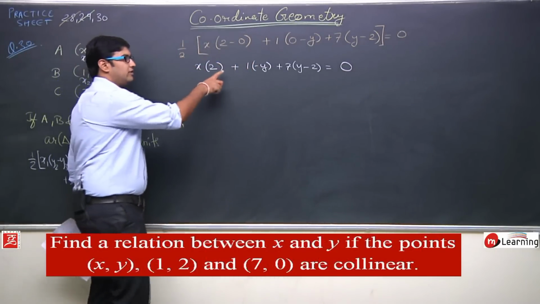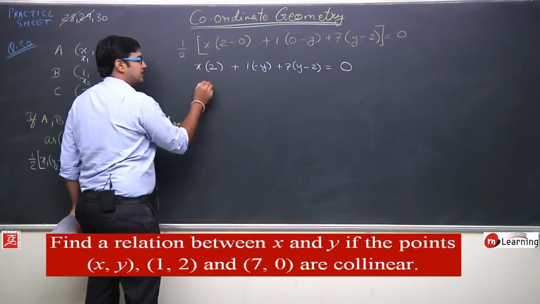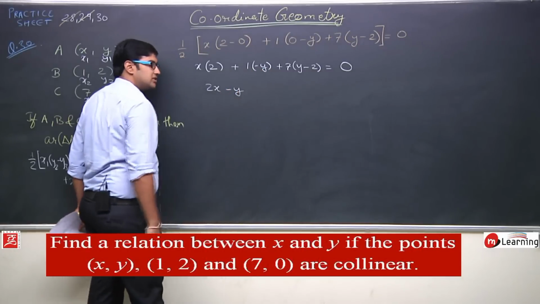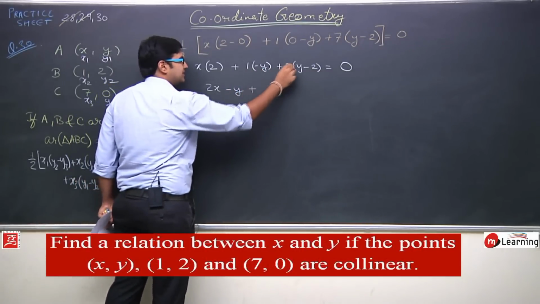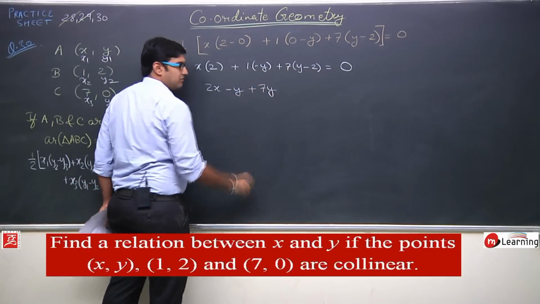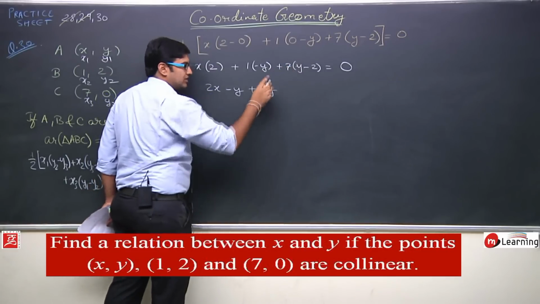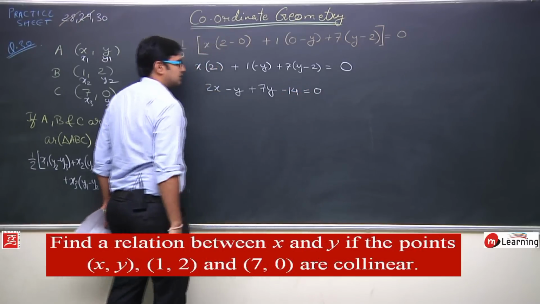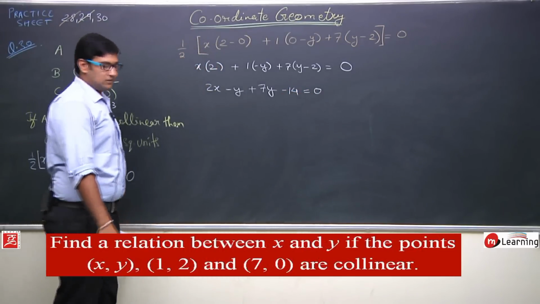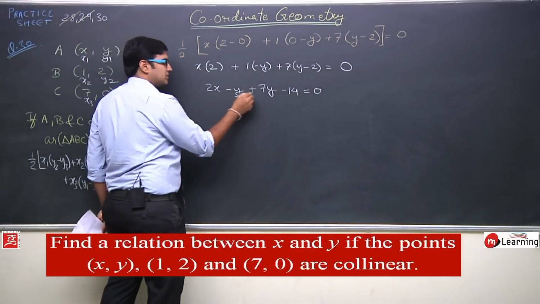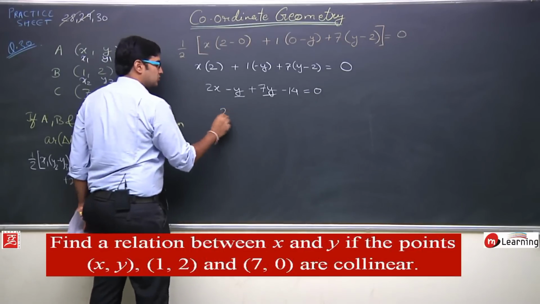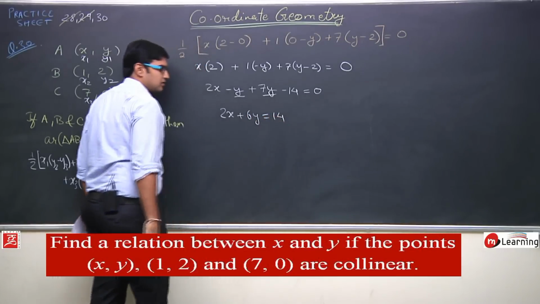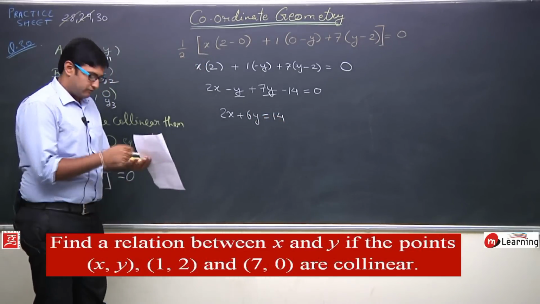Now further solving this expression, 2 into x will give you 2x, 1 into minus y is just minus y, then plus 7 into y is 7y and 7 into minus 2 will give you minus 14, equal to 0. Further simplifying, minus y plus 7y, so 2x plus 6y is equal to 14. This is the condition you can have.